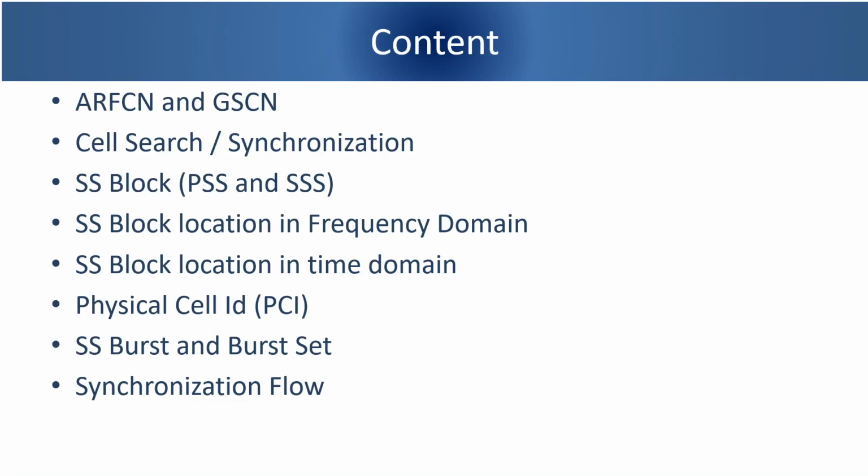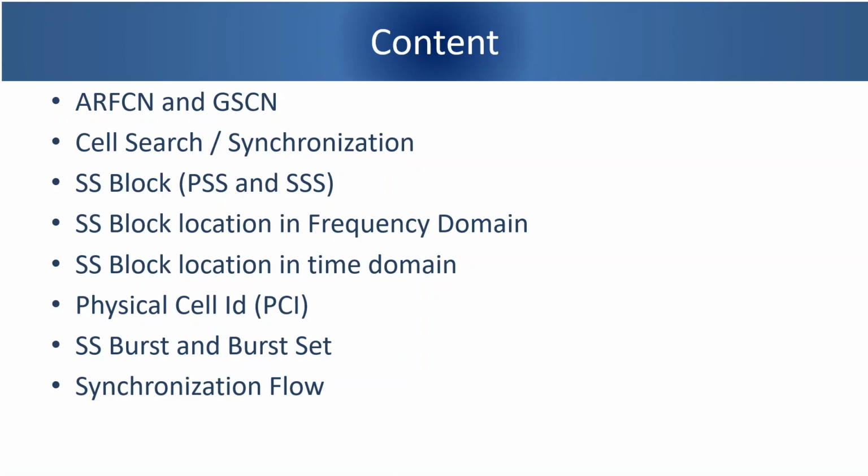The topics which I will try to cover today are ARFCN, that is Absolute Radio Frequency Channel Number, and Global Synchronization Channel Number, GSCN. Those are required to explain the synchronization process, and then we'll talk about the cell process and the synchronization process itself.